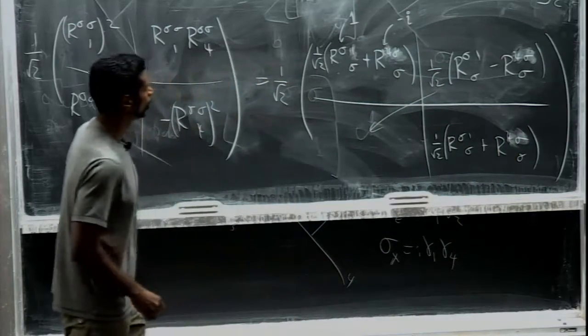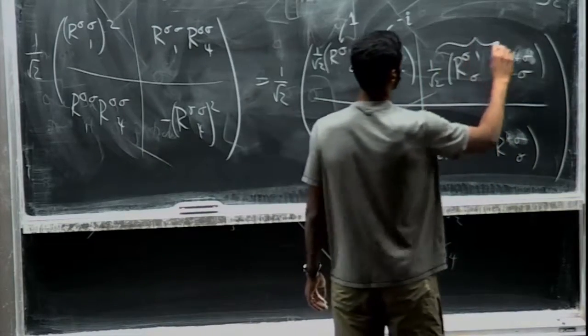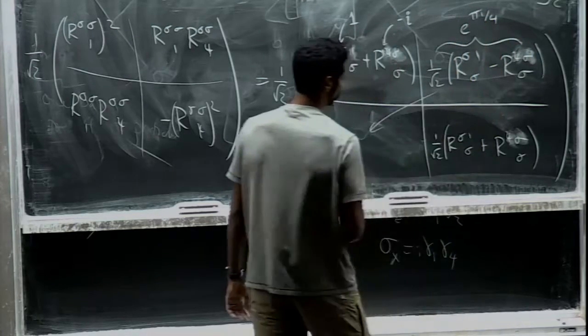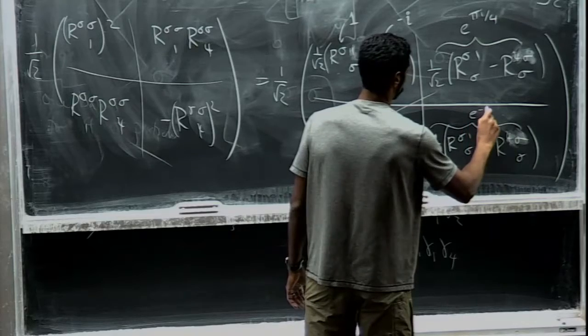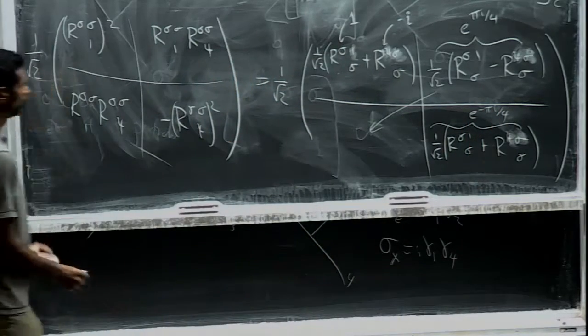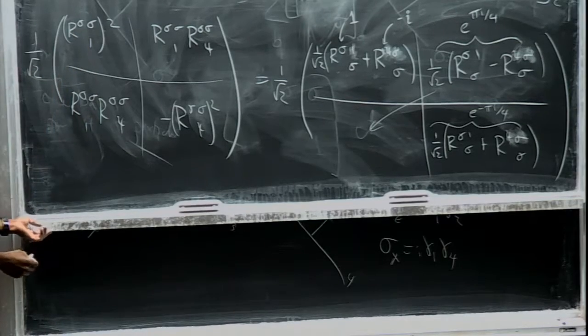Okay. So now we know this is e to the pi I over 4. This one is e to the minus pi I over 4, and so on. And now we can solve for the left-hand side.